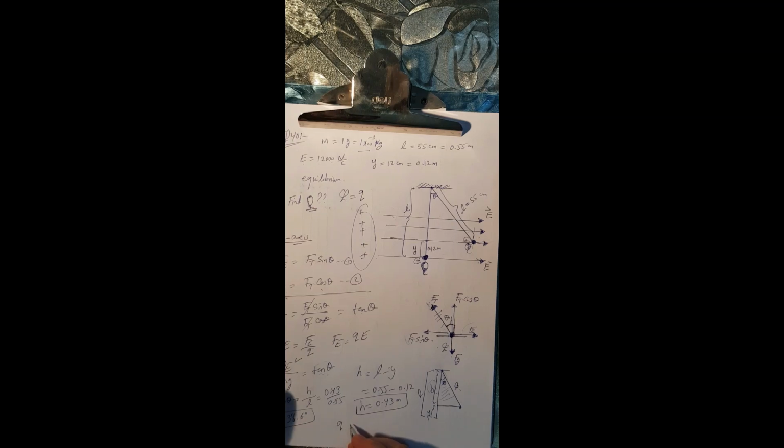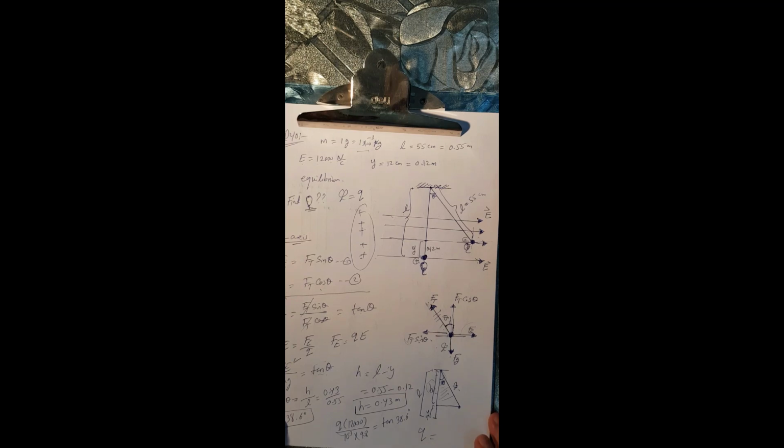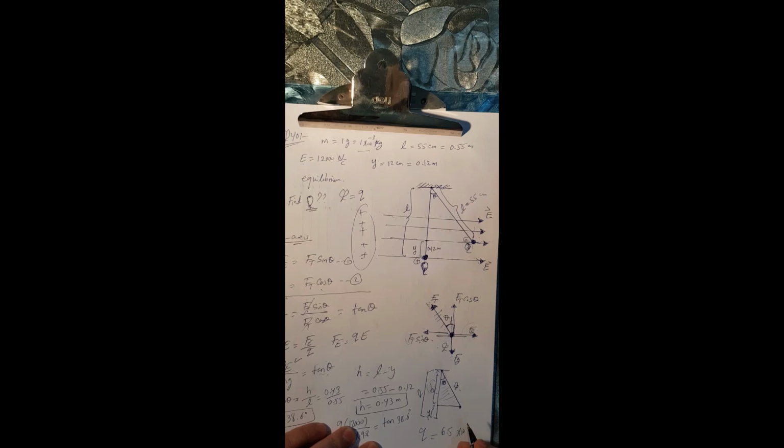Now you can substitute here for theta, you get Q. So Q multiplied by E, 12,000, over the mass, 10 to the power minus 3, times the gravity acceleration 9.8, equals tan of the angle 38.6, and you find the charge Q, which is 6.5 times 10 to the power minus 7 coulomb, and it's a positive charge, as we said.